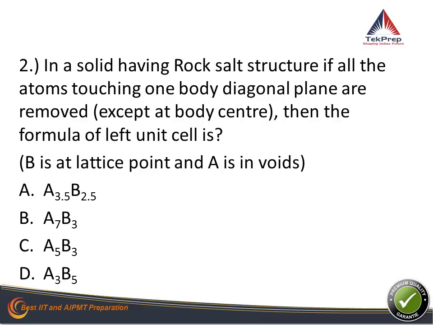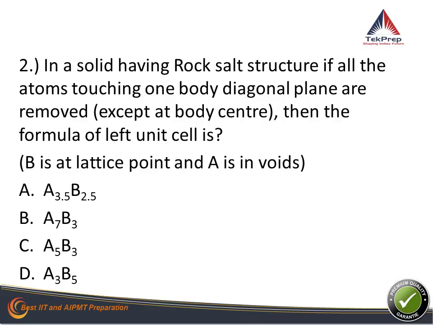When we are removing some atoms, and the contribution of each component is 4 atoms, then it will always be less than 4. So the formula of the left unit cell would be A4 minus x and B4 minus y. So if we look at that, options B, C and D as well.